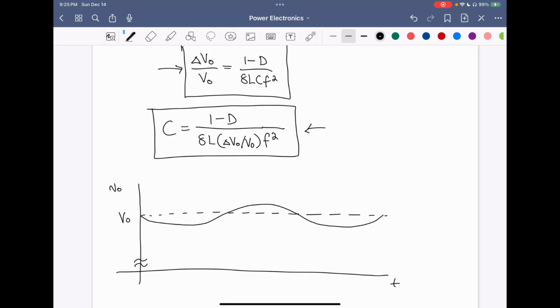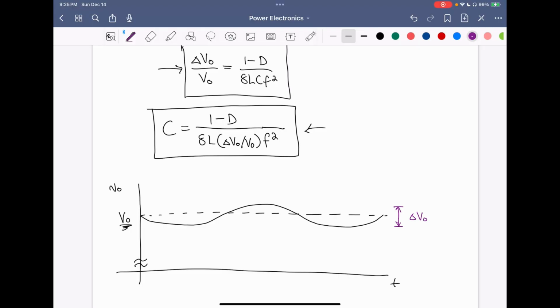So there will be the average DC value, which is V out as desired, but we're going to see this ripple at the output. And this peak-to-peak value is equal to delta VO.